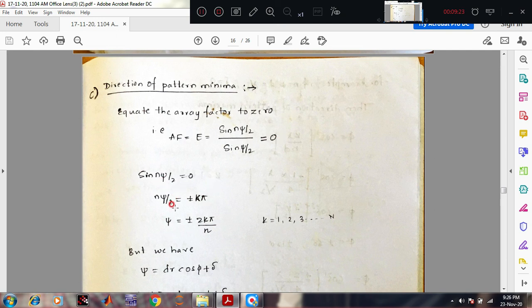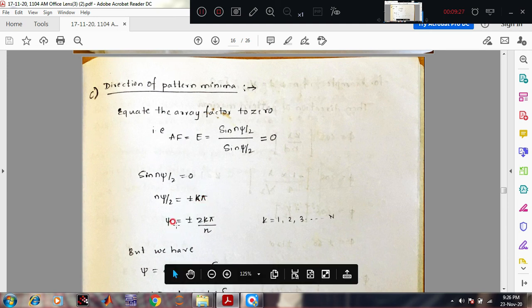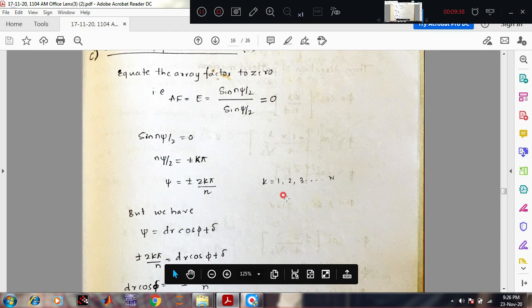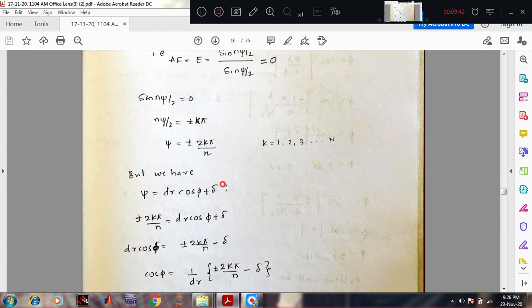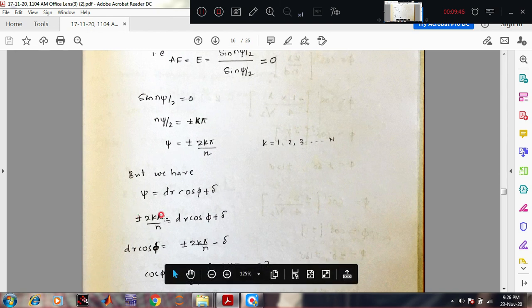So nψ/2 is equal to plus or minus kπ. So ψ is equal to plus or minus 2kπ/n, where k ranges from 1, 2, 3 up to n, right? But we have ψ equal to dr cos φ plus δ. So plus or minus 2kπ/n is equal to dr cos φ plus δ.